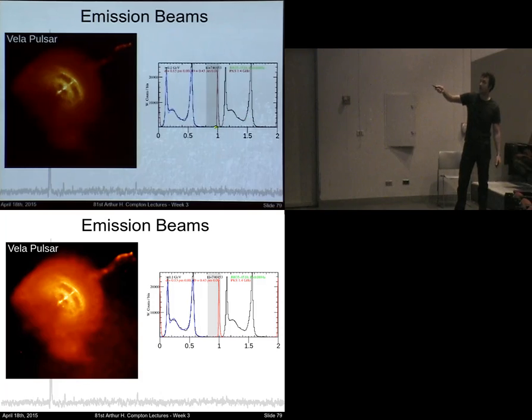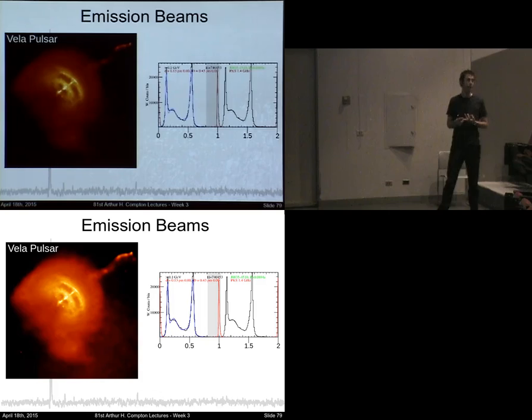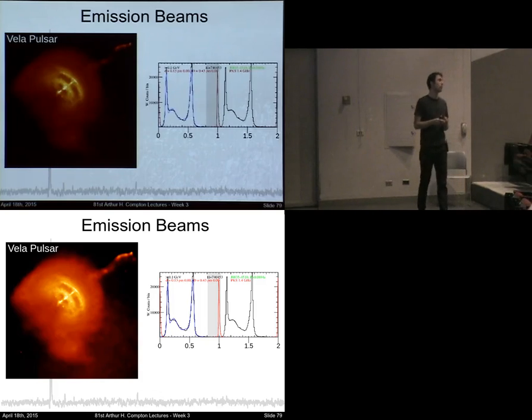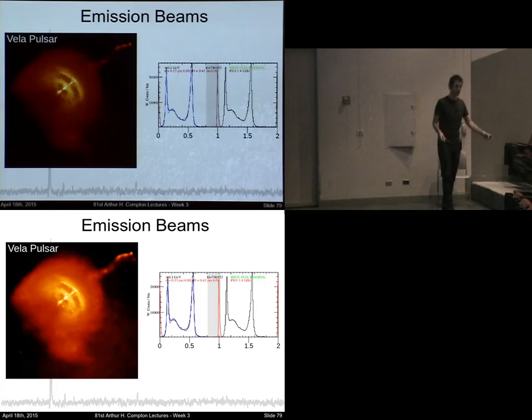And it's not aligned with the radio. So if you look at pulsars, if you see them in optical and X-rays and gamma rays, typically you find a pulse shape that's totally different, that might have multiple peaks not associated with the peaks you see in the radio. And that's because it's happening at higher altitudes. Or that's our explanation of it.